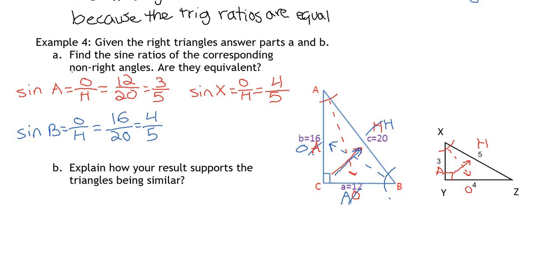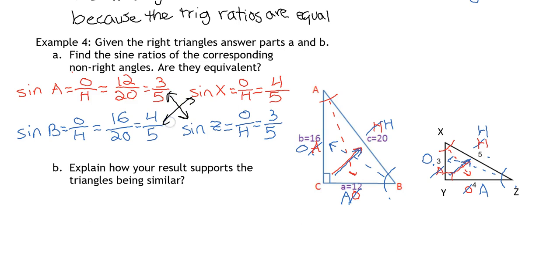Now I have to do my other angle, Z. Okay, so again, across from my right angle is my hypotenuse. Across from the angle is the opposite, adjacent. So sine of Z is opposite over hypotenuse, which is 3 over 5. Okay, so then again, our last question here for B is explain how your result supports the triangles being similar, if they are. Well, they are.